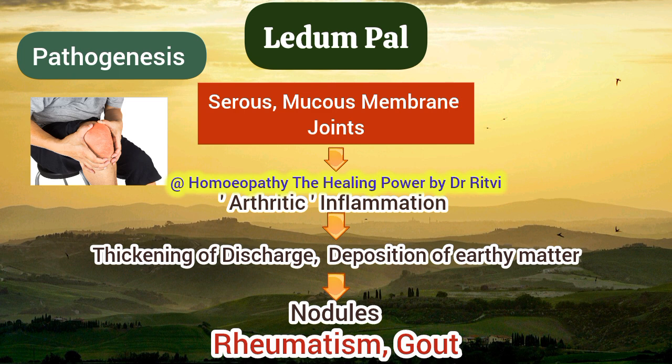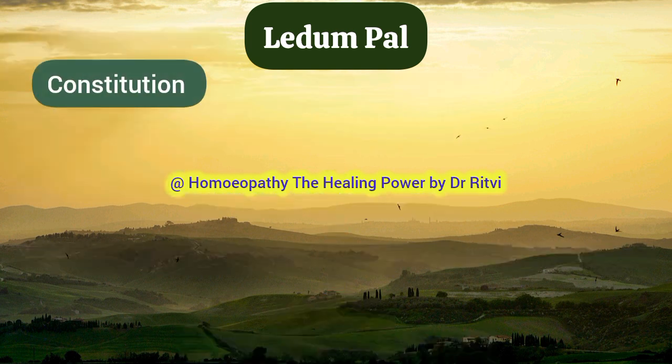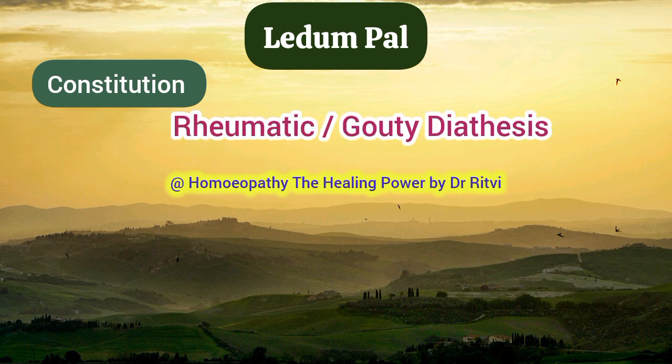This is a short remedy, especially an acute remedy. So the constitution of this remedy is not so important, but still a few points can be kept in mind while prescribing. The patient will have a rheumatic or gouty diathesis, and in some cases a history of injury.